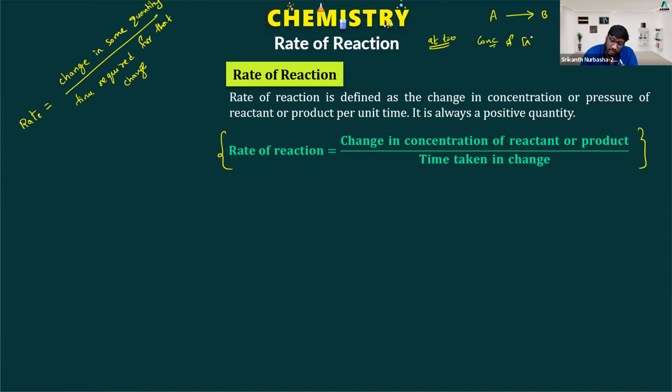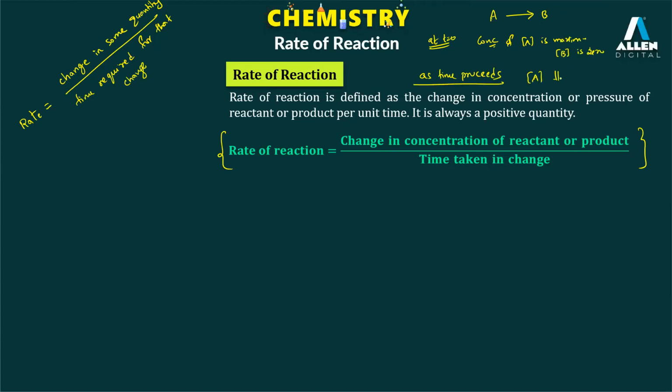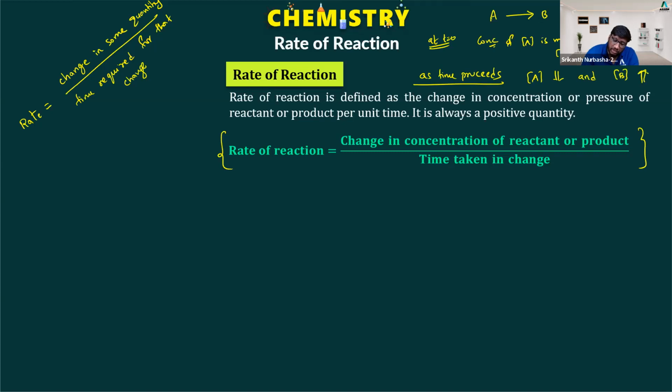Concentration of A is maximum, and concentration of B is 0. As time proceeds, what happens to the concentration of A? It decreases, and the concentration of B increases.